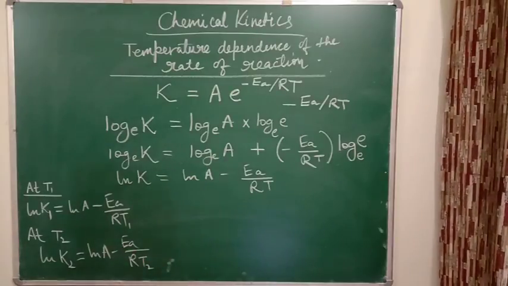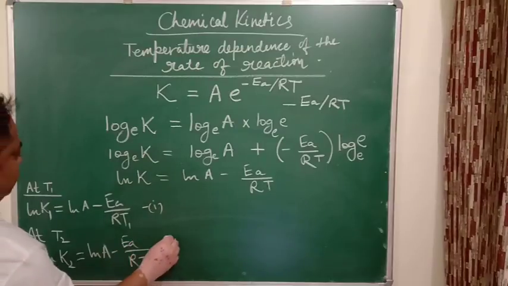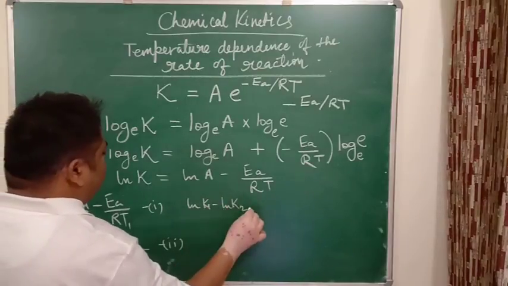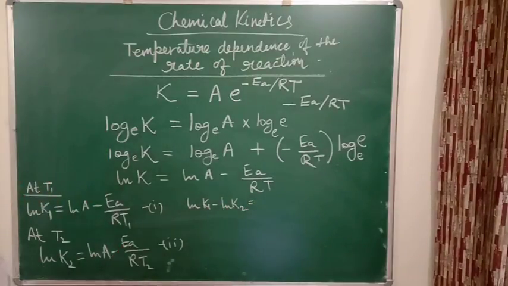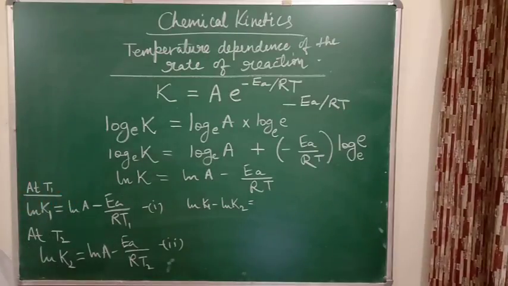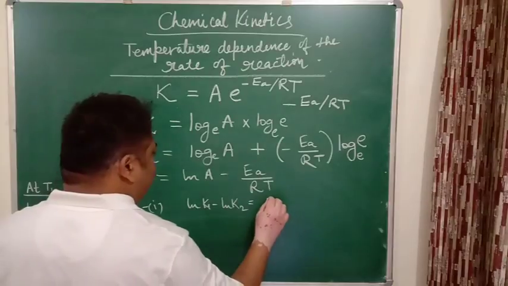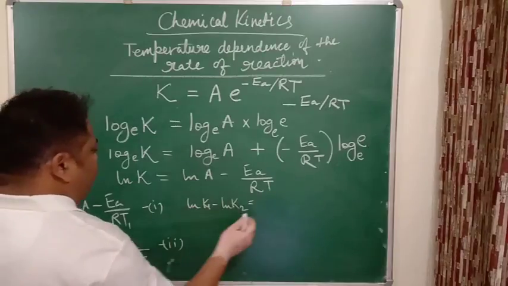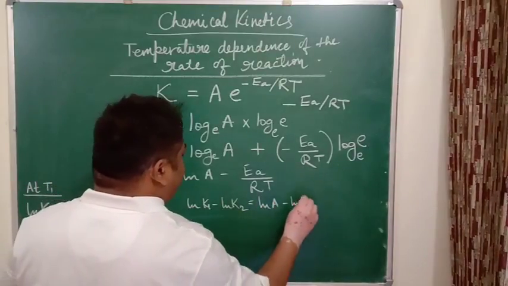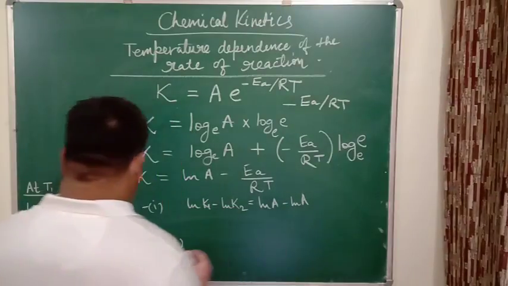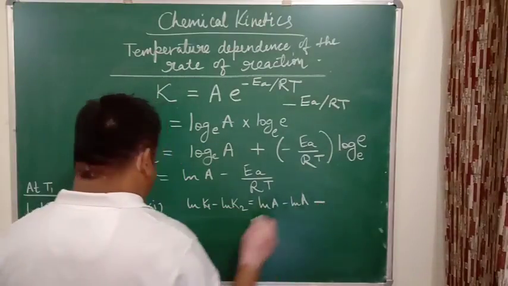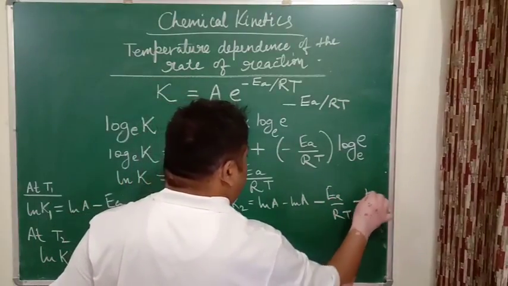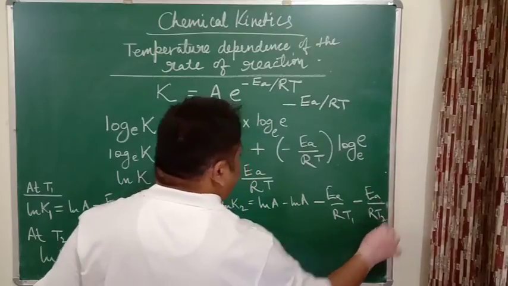Now we can subtract these two equations, and it will look like ln k1 minus ln k2 is equal to ln A minus ln A, and A is constant for both the reactions, so ln A minus ln A is nullified, and then minus Ea by R T1 minus, minus Ea by R T2.